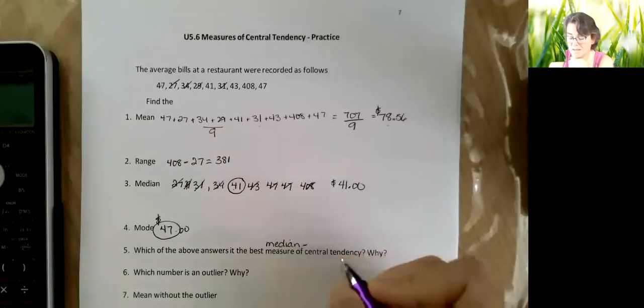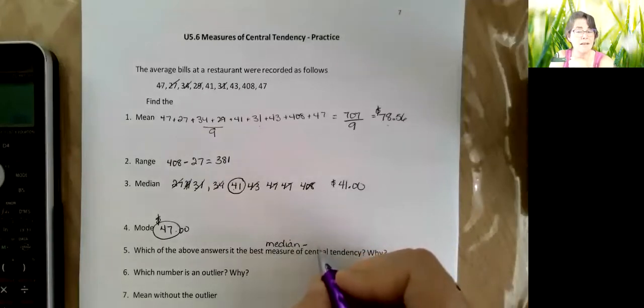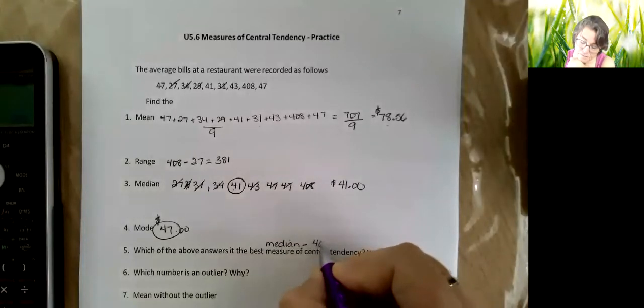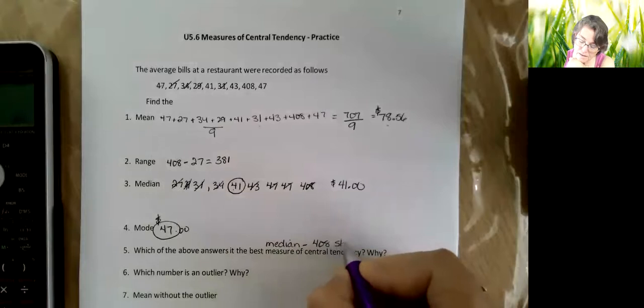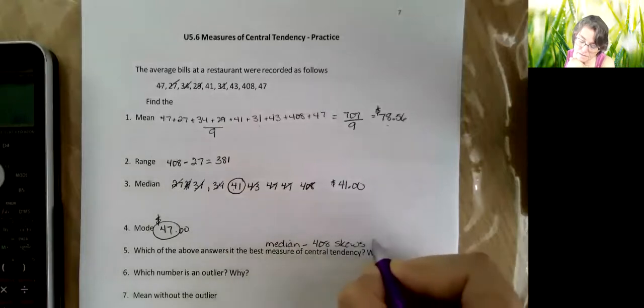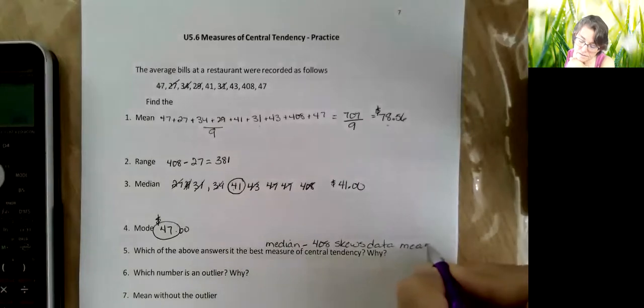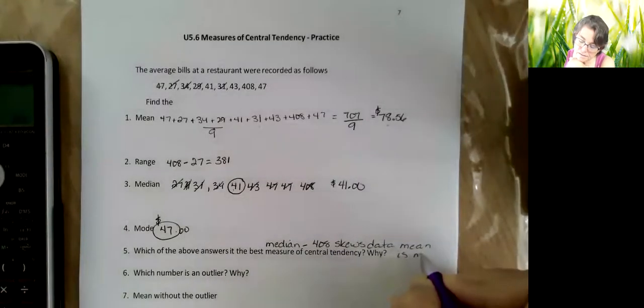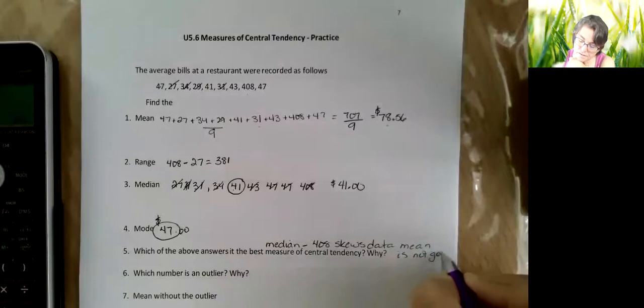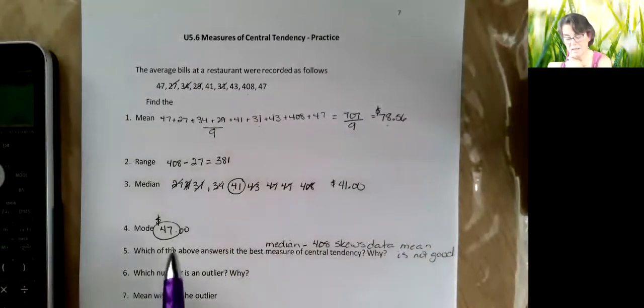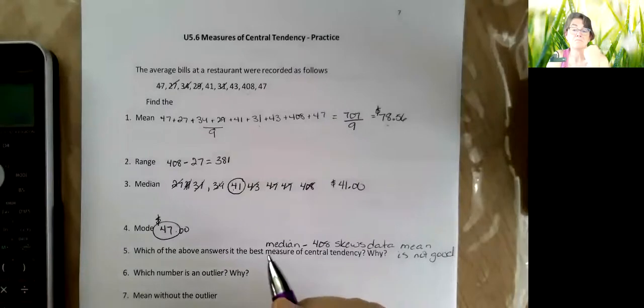To be honest, the 408 skews the data, so mean is no good. If you chose the mode, just say that was the price that was paid most often. And it is also close to the median, then we're good.